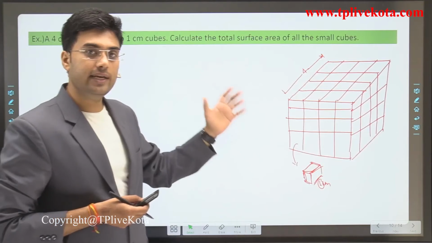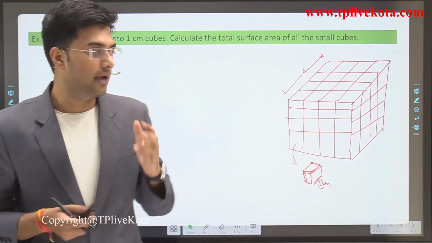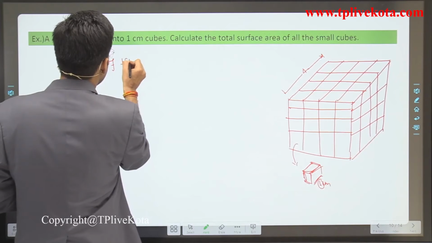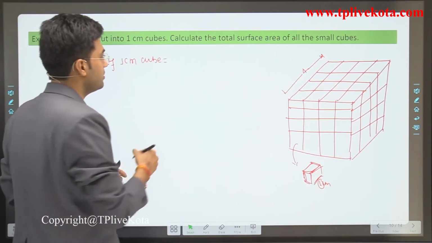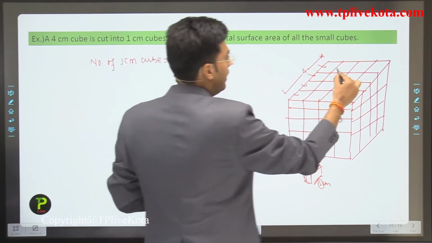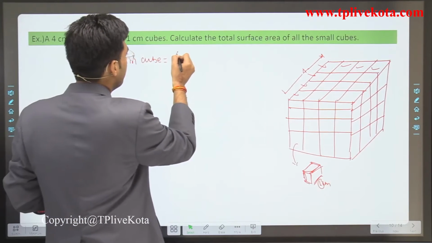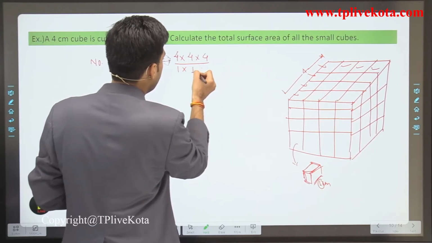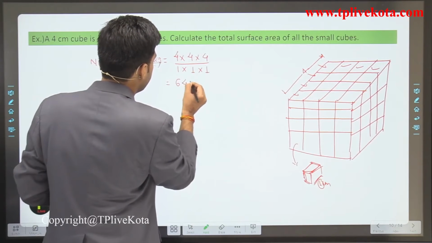When we divide the 4 centimeter cube into small cubes of 1 centimeter, the number of 1 centimeter cubes is 1 2 3 4 and 1 2 3 4. So we can find it as 4 multiplied by 4 multiplied by 4 divided by 1 multiplied by 1 multiplied by 1. So when we solve this, we get 64 cubes.